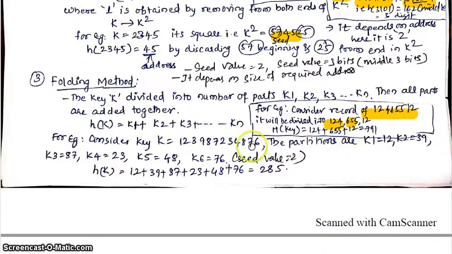So we need to partition these elements. Then we need to add all these elements, and we will get the value here.